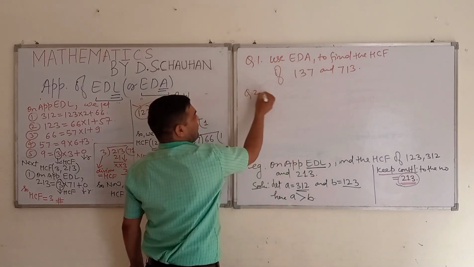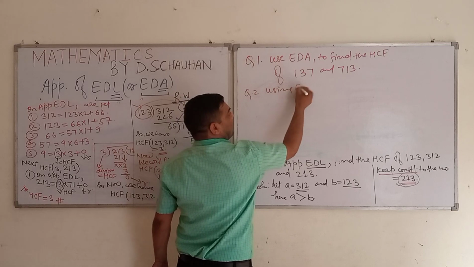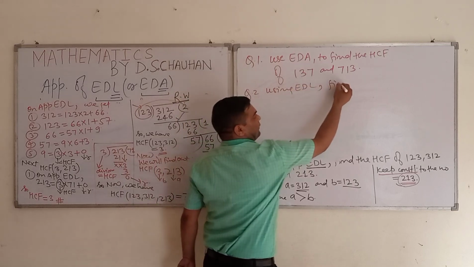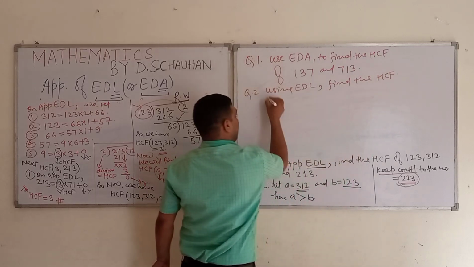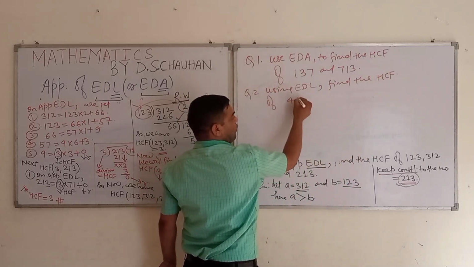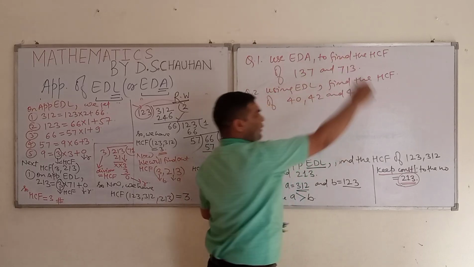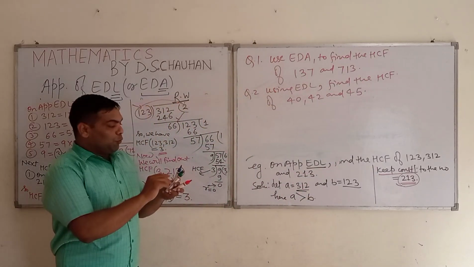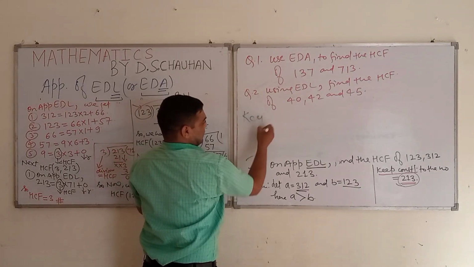Next question: using Euclid division lemma, find the HCF of 40, 42 and 45.